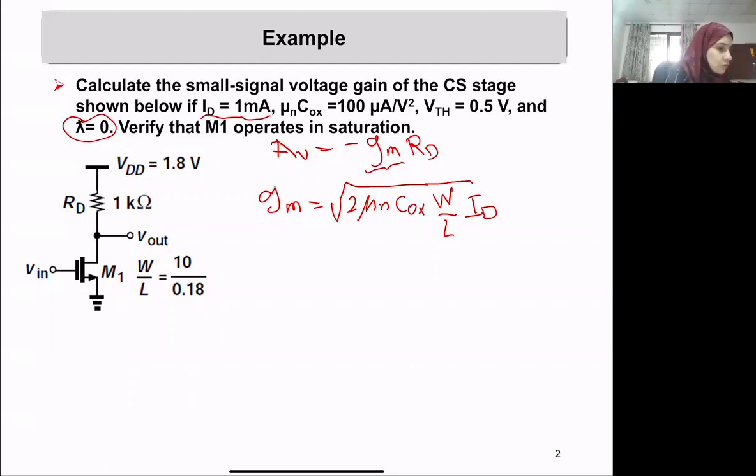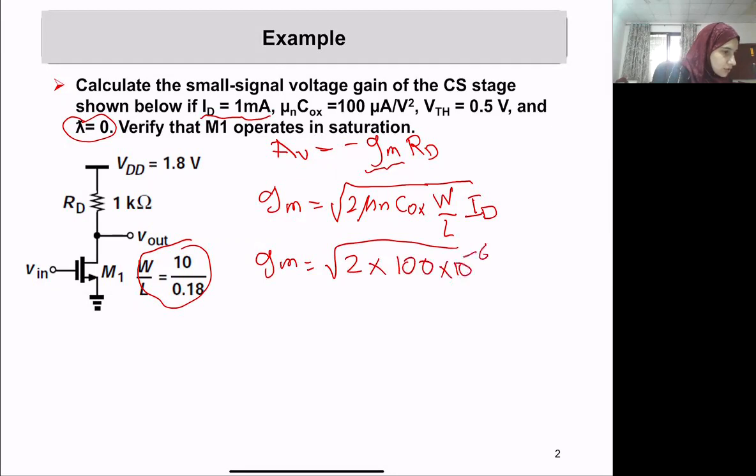So now we know the mu n COX multiplication, we know W over L here, and we know ID is 1 milliamp. So it's just direct plugging in of the values. It's equal to square root of 2 multiplied by 100 times 10 to the power minus 6, because it's micro, and then W over L is 10 over 0.18, multiplied with ID, 1 times 10 to the power minus 3.